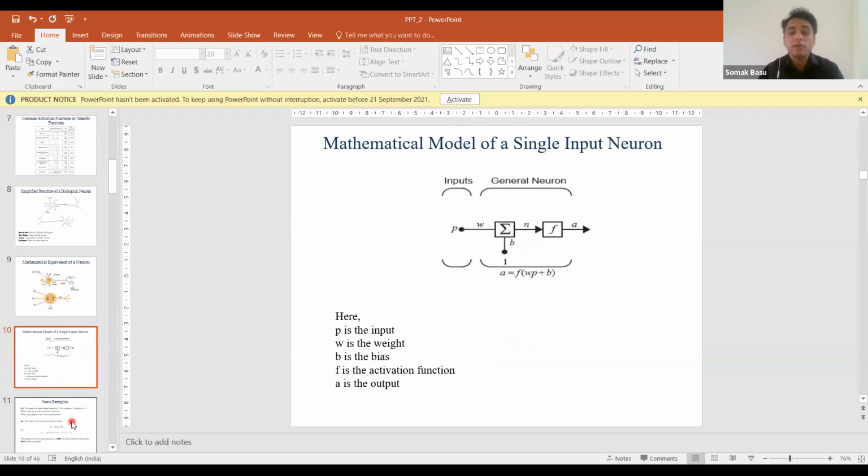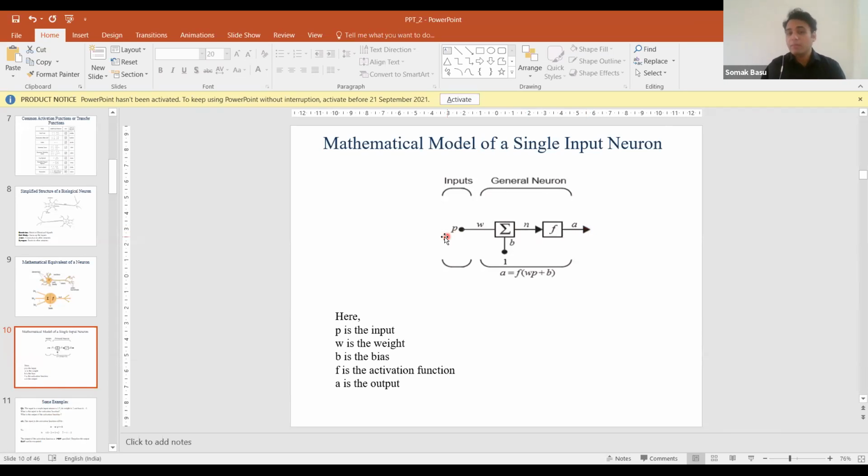Quickly revising the previous concepts, this is the basic mathematical model of a single input neuron. P represents the input to the neuron, W is the weight, B is the bias, F is the activation function, and A is the output of the neuron. This is a mathematical model of a single neuron, which can work in a way in which your brain works.